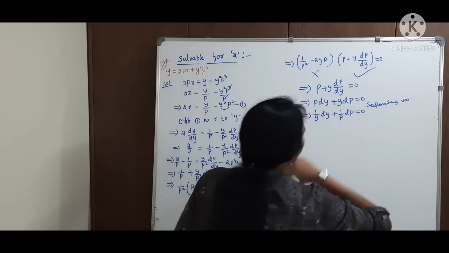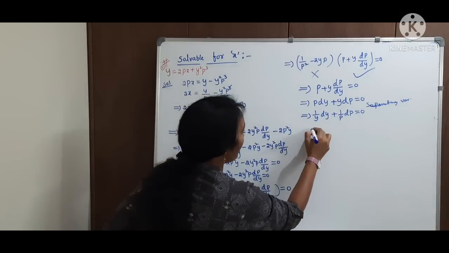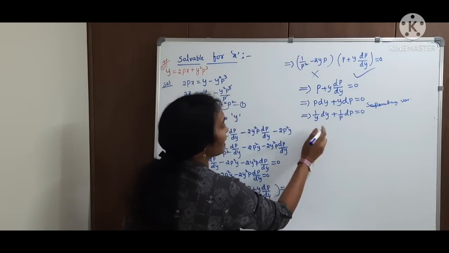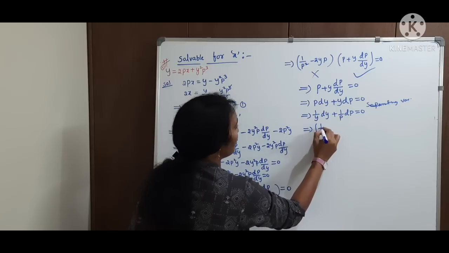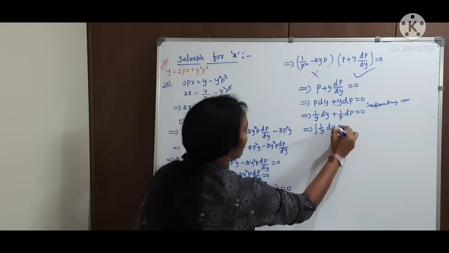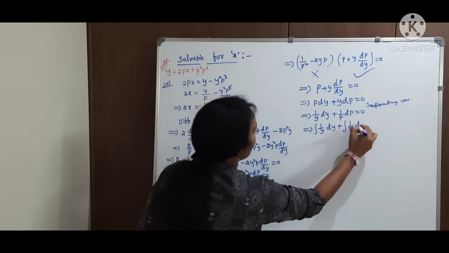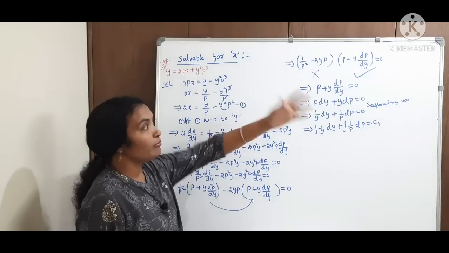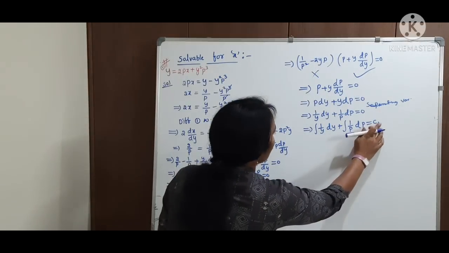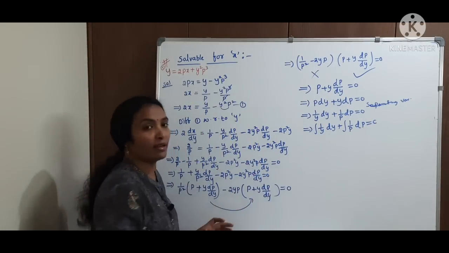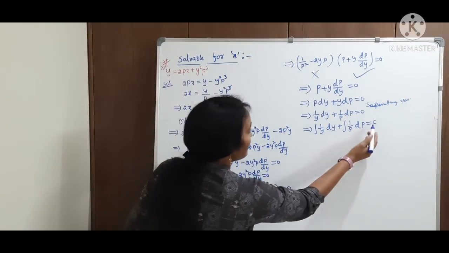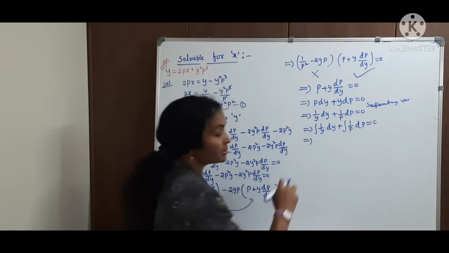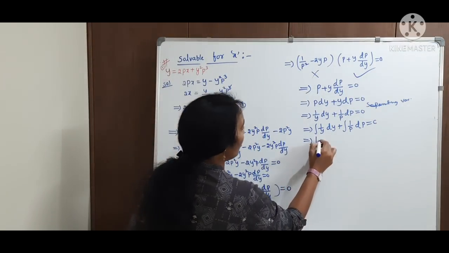Means separating the variables. Then after that, what we have to do? Apply the integration on both sides. Integral of 1 by y dy plus integral of 1 by p dp will get one constant c. If two factors are there, you will consider c1 and c2. Now only one is there, so you need to consider this as c. Now you know that integral of 1 by y is log y.